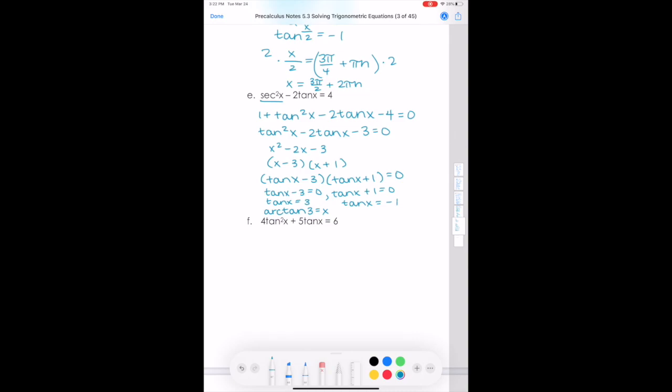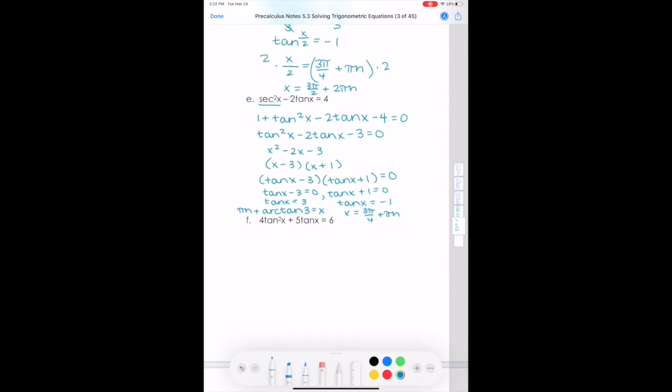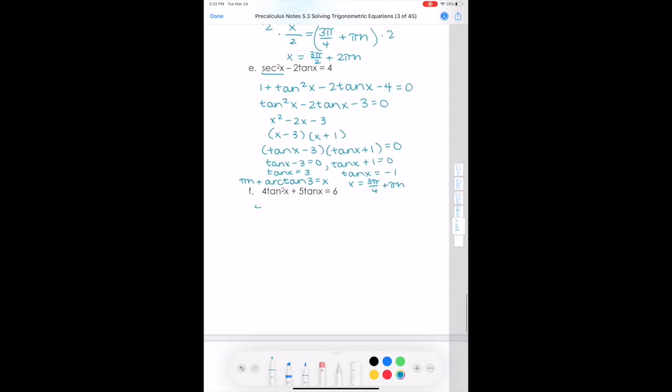I do know where a tangent equals -1. That was in my last problem. So that must be 3 pi over 4 plus pi n, and then I realized I forgot my plus pi n over on the other one. Alright, you need to include the period with the n to show that it keeps going around and around the circle.